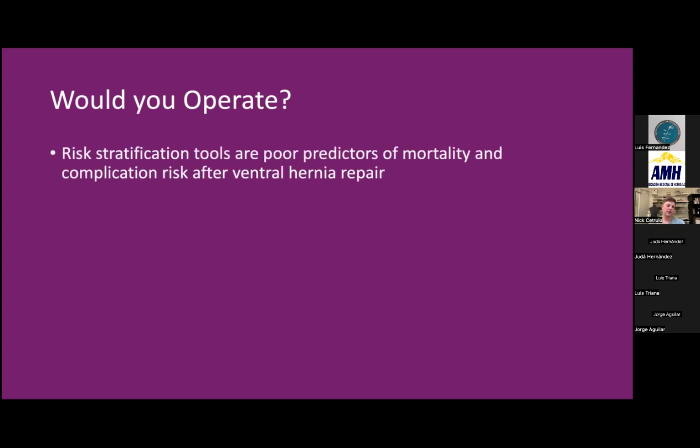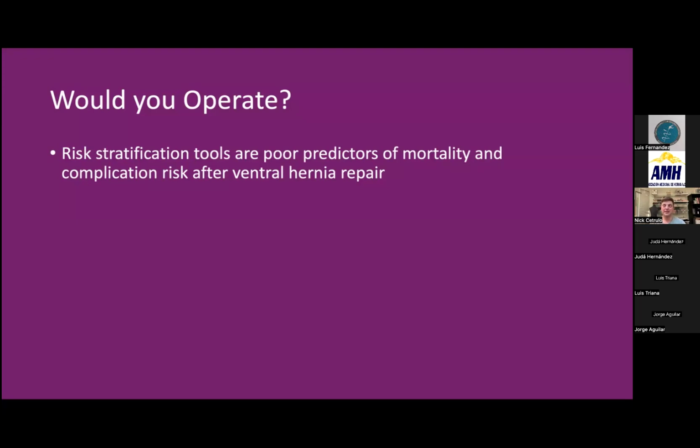But one of the problems with hernia is that most risk stratification tools are actually poor predictors in ventral hernia repair. The ACS risk calculator, which I'm not sure how much is used in this group of surgeons, is a very nice tool for a lot of cases to predict mortality risk, complications, and morbidity. Unfortunately, it's very poor at risk stratification in hernia cases.